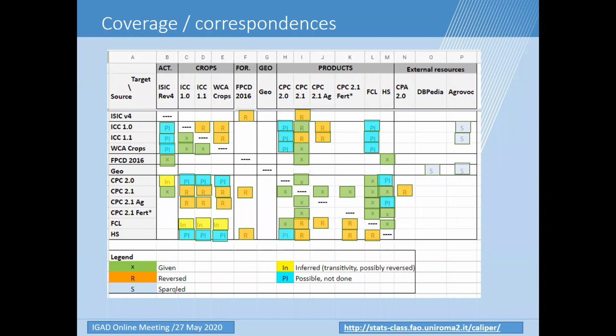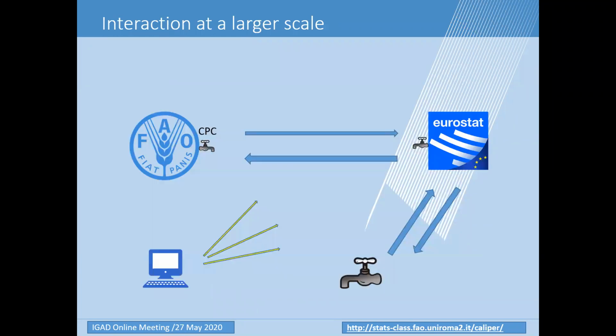The ultimate goal, something that we want to achieve, is the construction of a network of producers and users of classifications so that we can exchange data, pass data from one to another, ensuring that this data is interoperable, of course, so adopting standards, appropriate metadata, and so on.